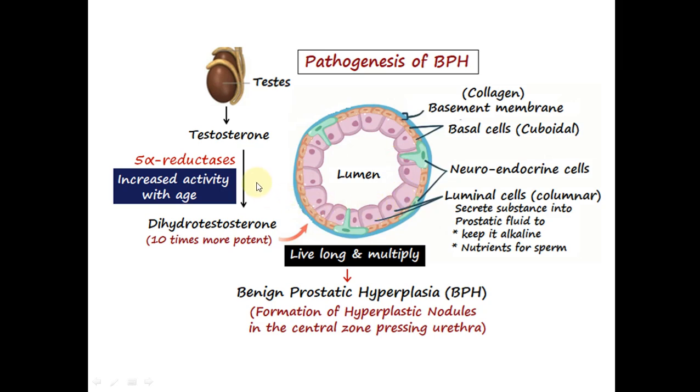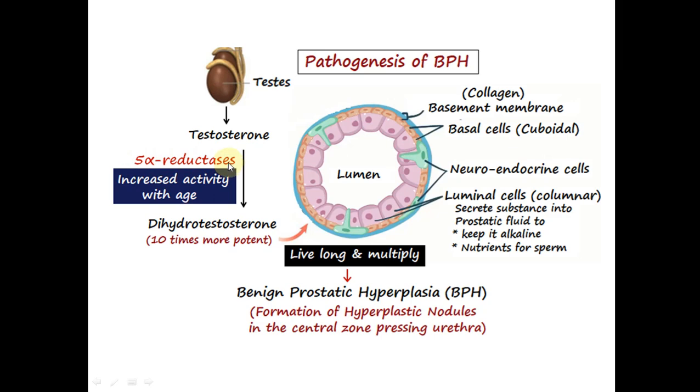So what happens is that as the person ages, the testosterone secretion from the testicular tissue is decreased. But for unknown reasons, the activity of the enzyme 5-alpha reductase increases with age.